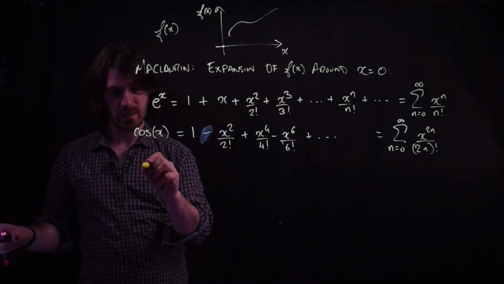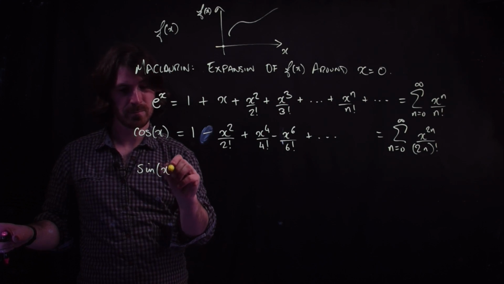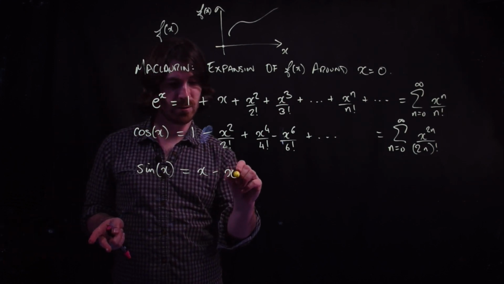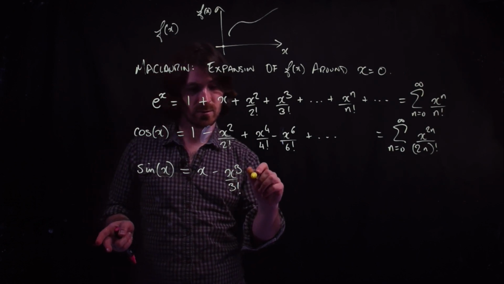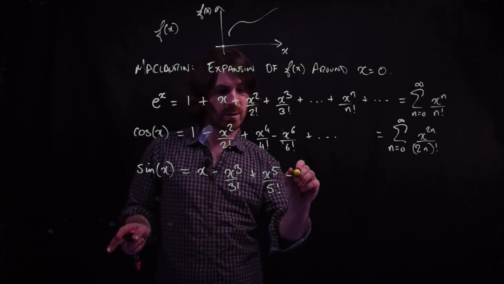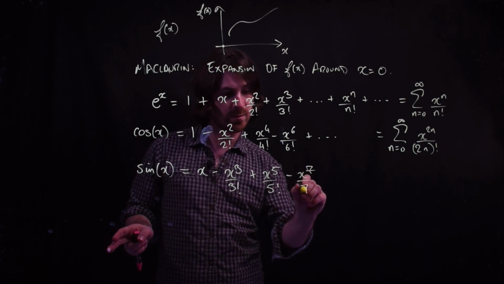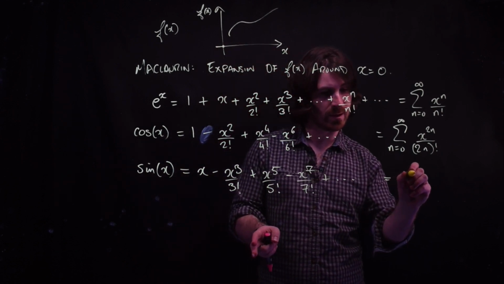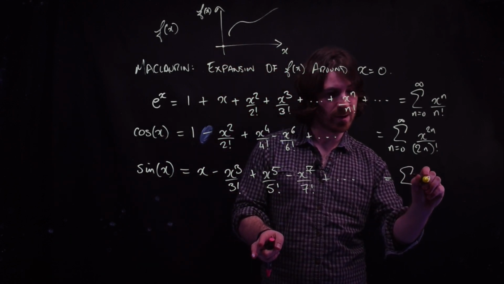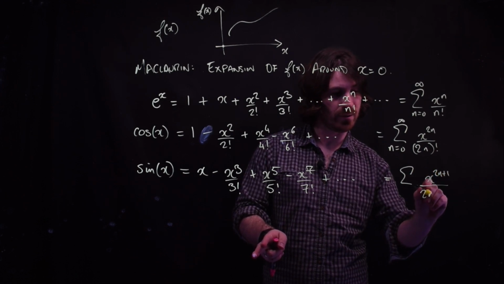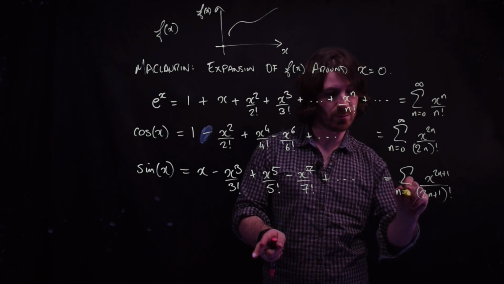And sine x is x minus x cubed over 3 factorial plus x to the 5 over 5 factorial minus x to the 7 over 7 factorial, and so on. We can write this as the sum of x to the power of 2n plus 1 over 2n plus 1 factorial, from n equals 0 to infinity.